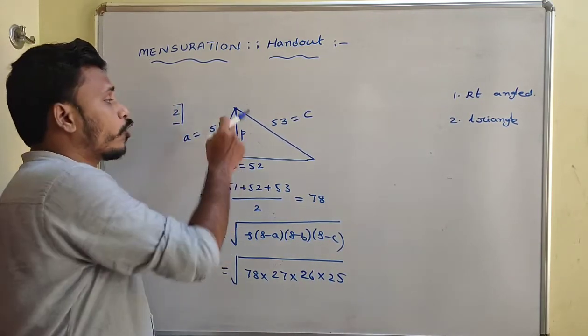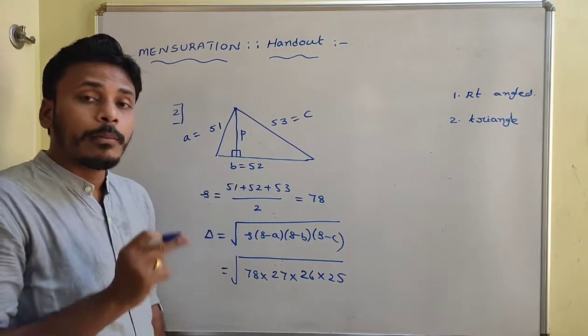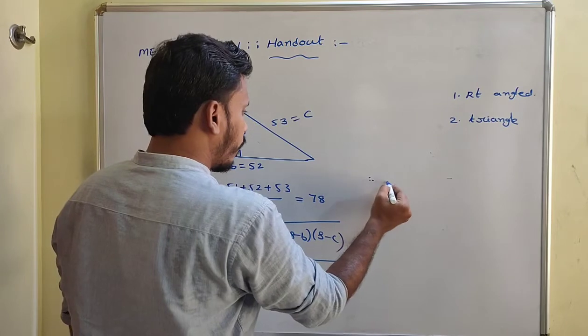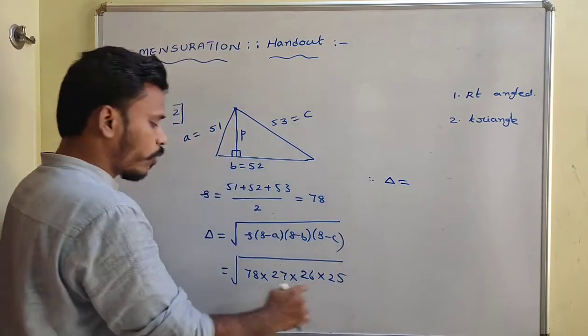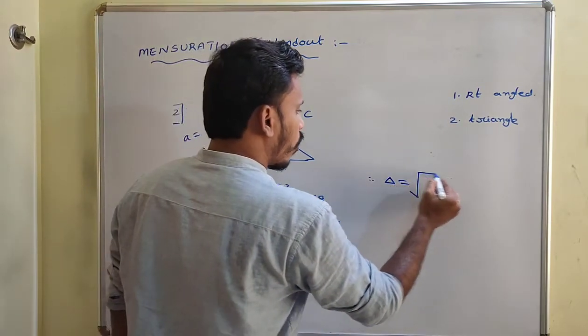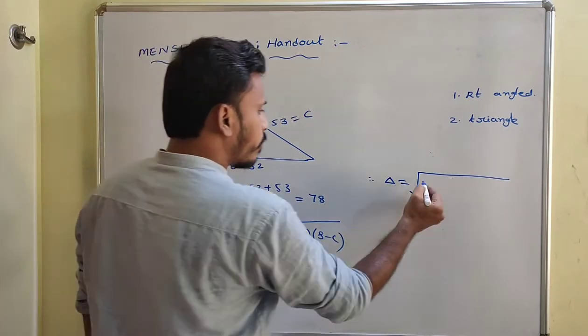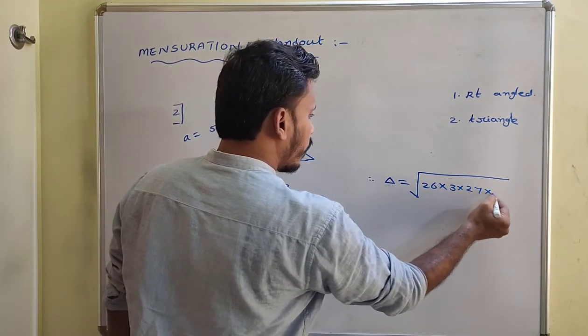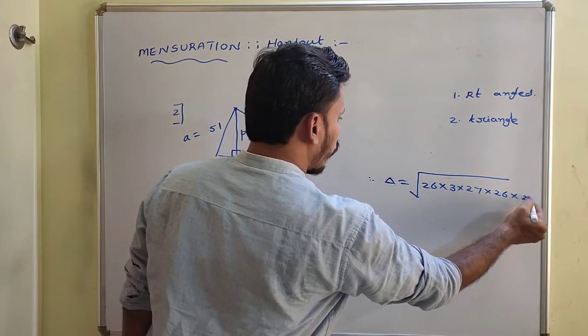Actually, I need to calculate this perpendicular length, but first I am calculating the area. So delta is the square root of 78, which is 26 into 3, into 27 into 26 into 25.